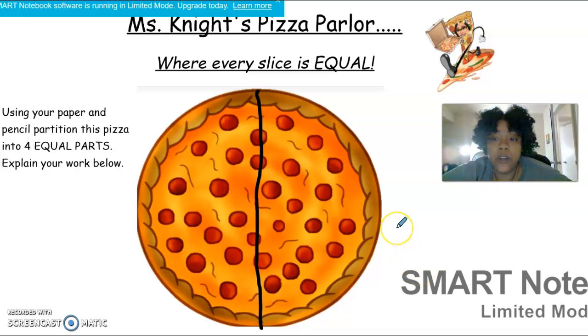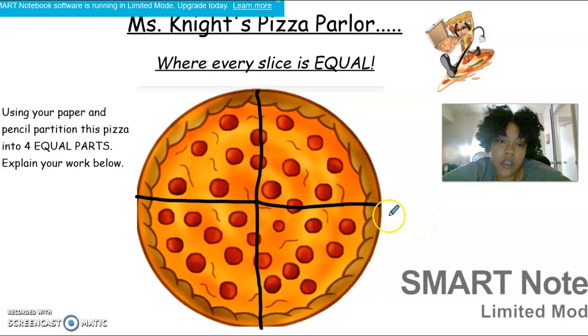Now, if I want to partition it into fourths, which is 4 equal parts, then I am next going to start on this side of the pizza and draw a line horizontally to the other side of the pizza. And now let's see if I have 4 equal parts. Ooh, not that.